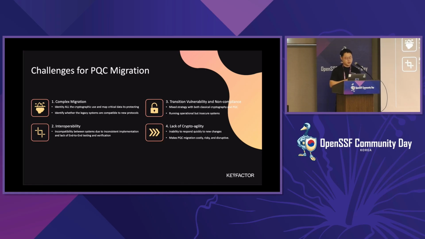And the last one is lack of agility, which is how we can do this at scale. How can we automate all these keys and cryptography into systems automatically, without making the PQC migration very costly, risky, and disruptive?